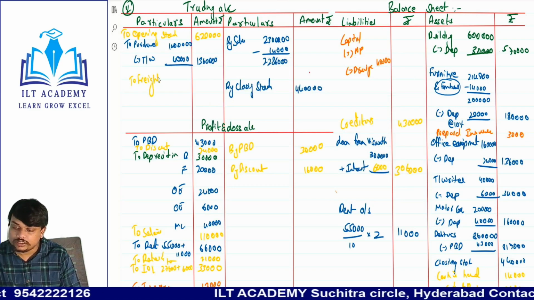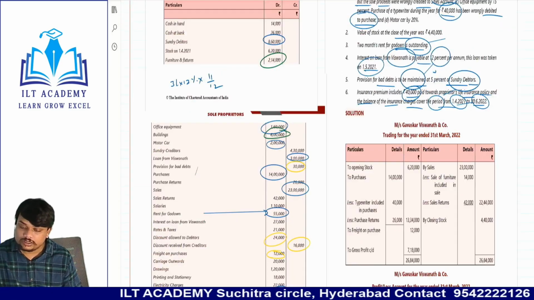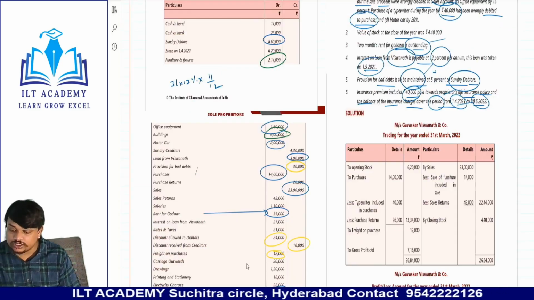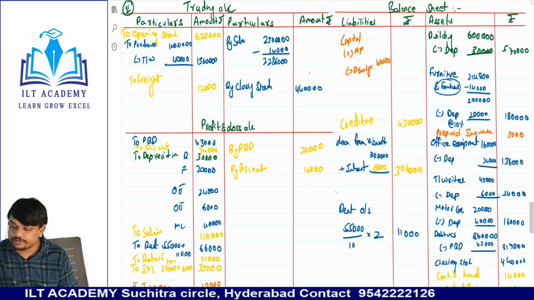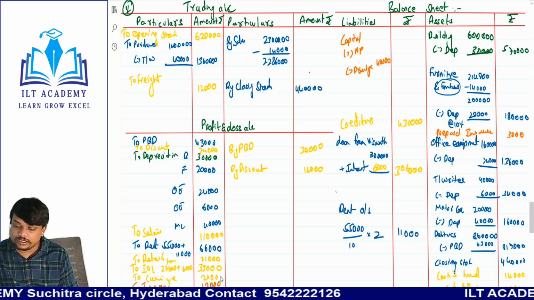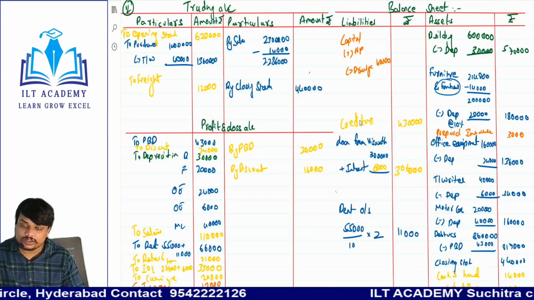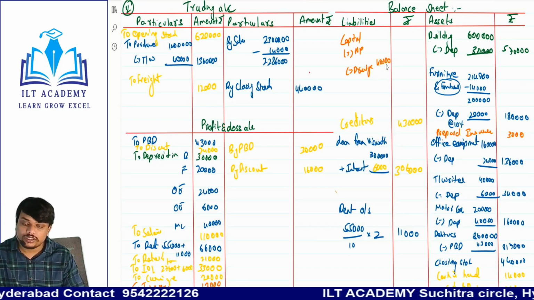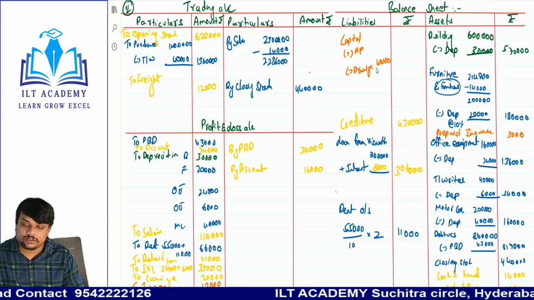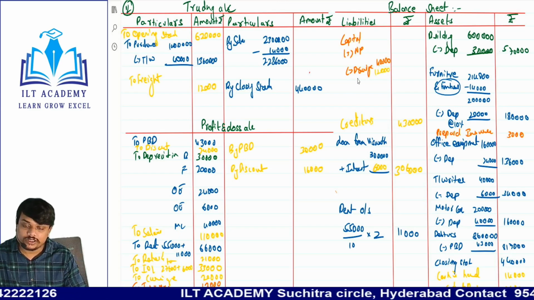Next, write on purchases 12,000. Next, carriage outwards 20,000. After this carriage, we are having drawings 1,20,000. Drawings already 40 plus 1. This also you need to subtract. Drawings 1 and drawings 2.